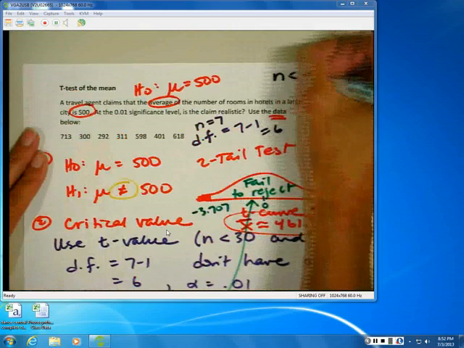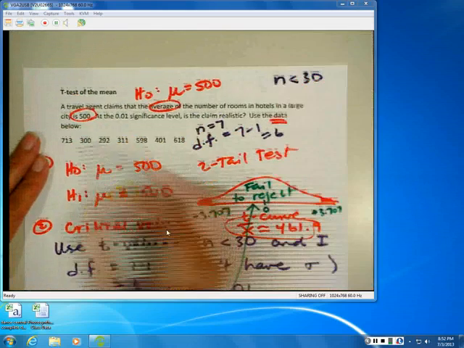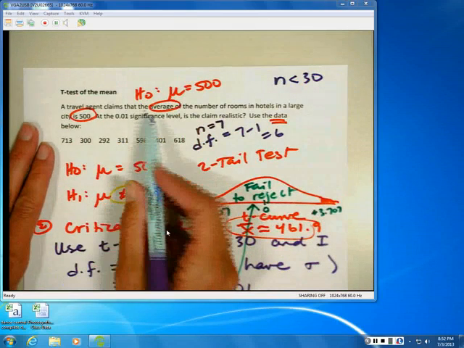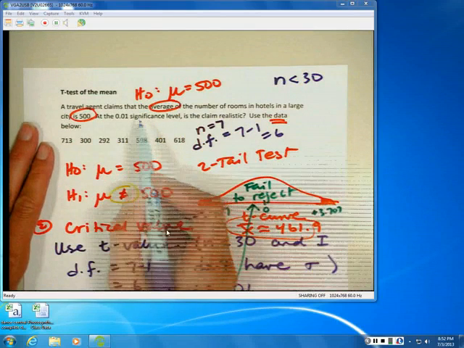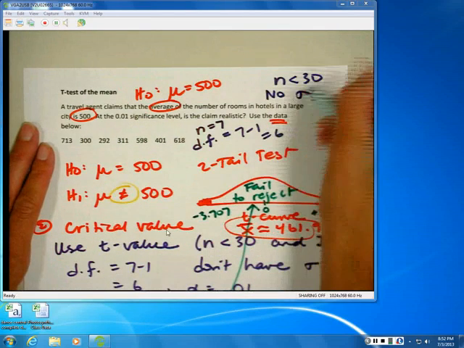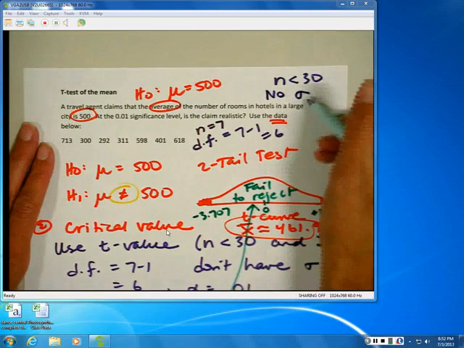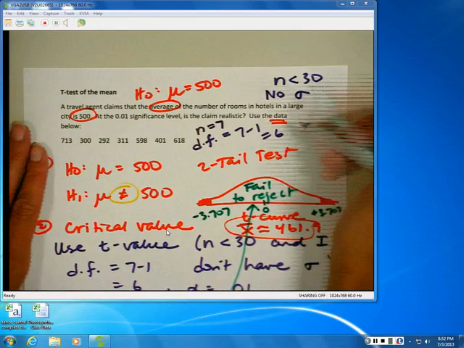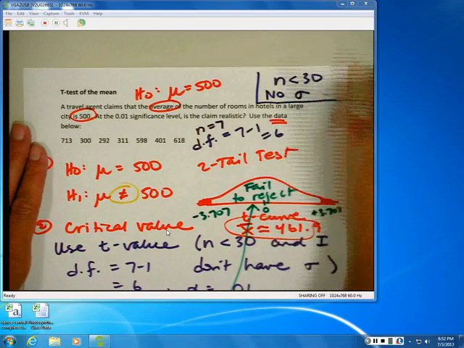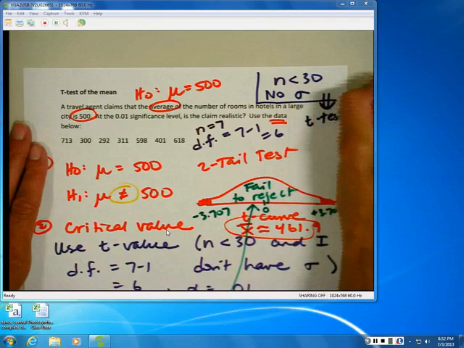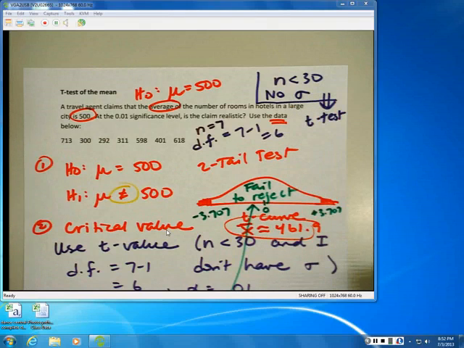So we have n less than 30. And we can come up with a sample standard deviation, but nowhere in the statement did it give me a population standard deviation. If I had the population standard deviation sigma, that would be enough information to define a normal curve and z-scores. But because of these two things, I used a t-test instead of a z-test.